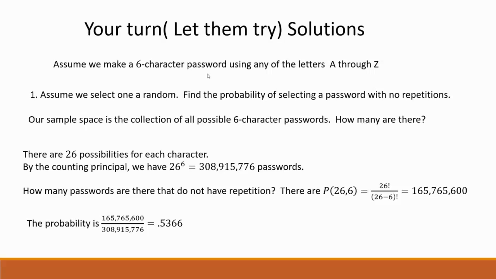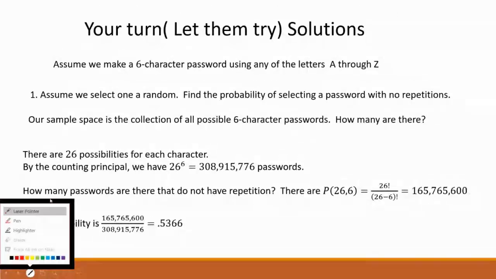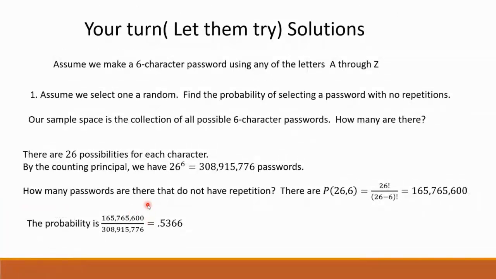For each letter, there are 26 possibilities. We want the probability, if we choose one at random, of having no repetition. In other words, we want to see how likely we are to choose a permutation.